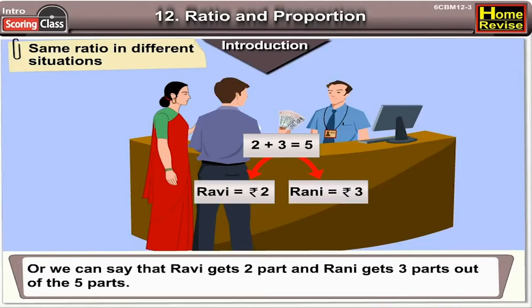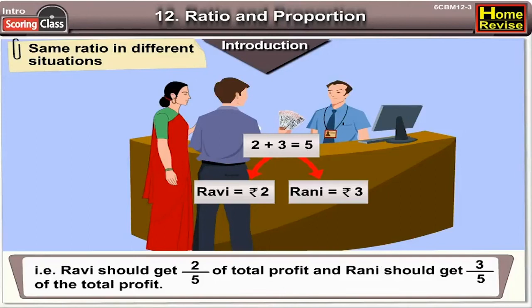Or we can say that Ravi gets 2 parts and Rani gets 3 parts out of the 5 parts. Got that? Well, that is Ravi should get 2 upon 5 of total profit and Rani should get 3 upon 5 of total profit. I'm sure you've got it now, right?